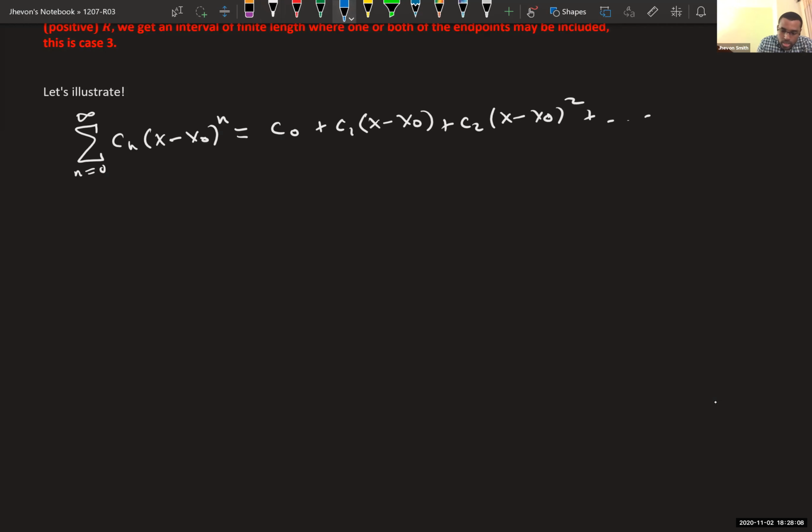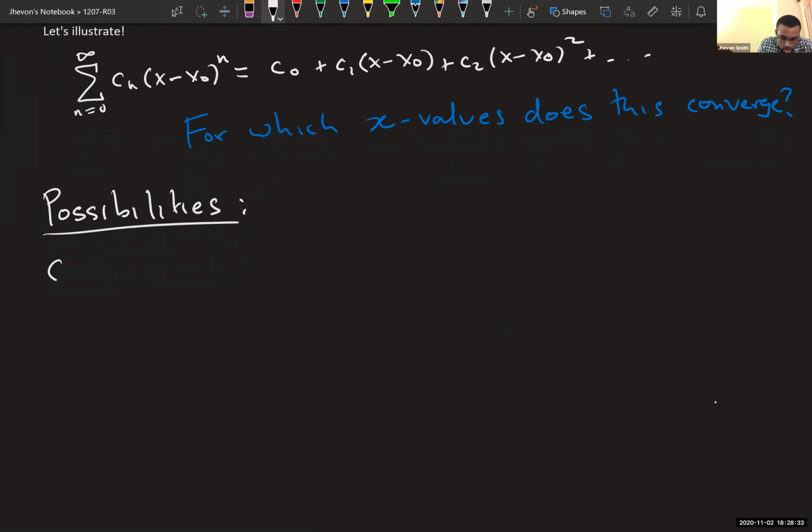And we might ask the question, for which x values does this converge? And we have the possibilities. The possibilities are there are three.